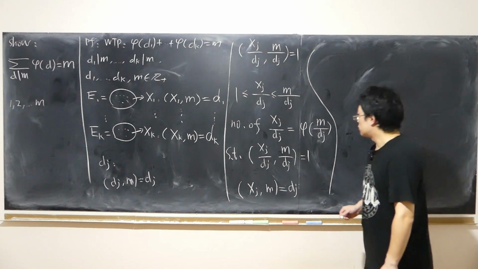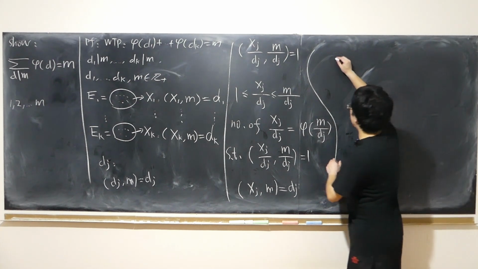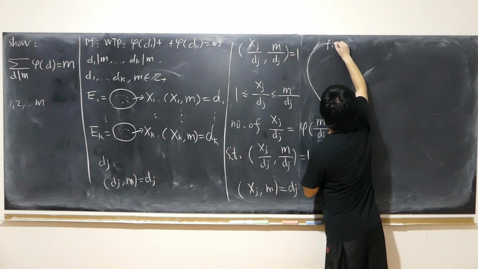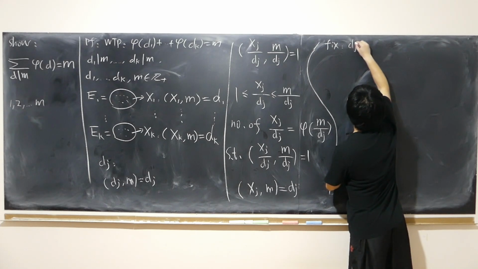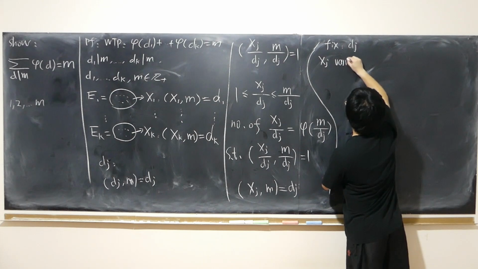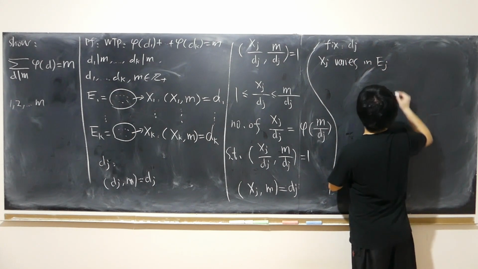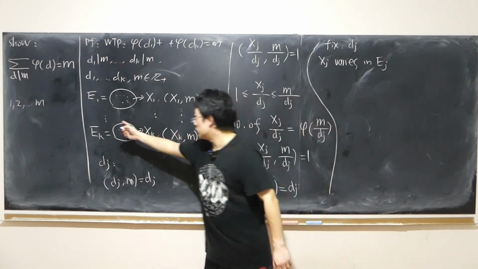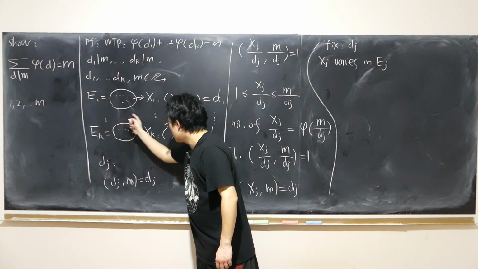Okay, so now I can say that for any fixed dj, I know that xj varies in Ej. There's some set Ej, where xj is any element.